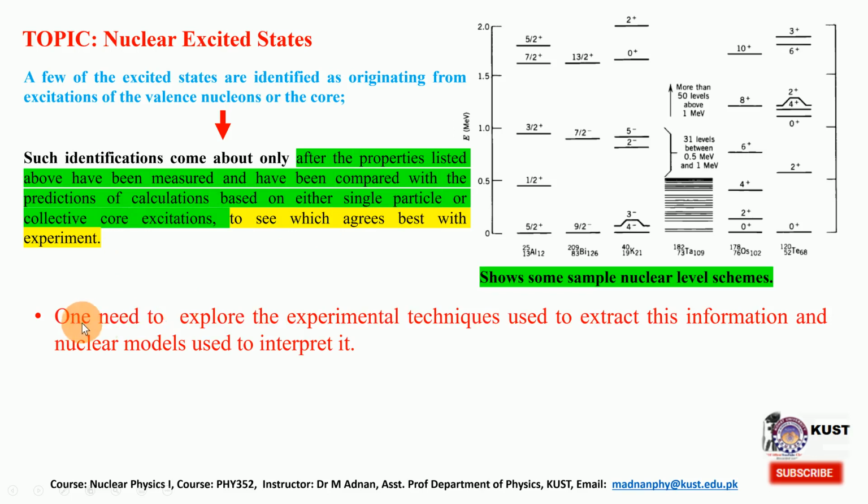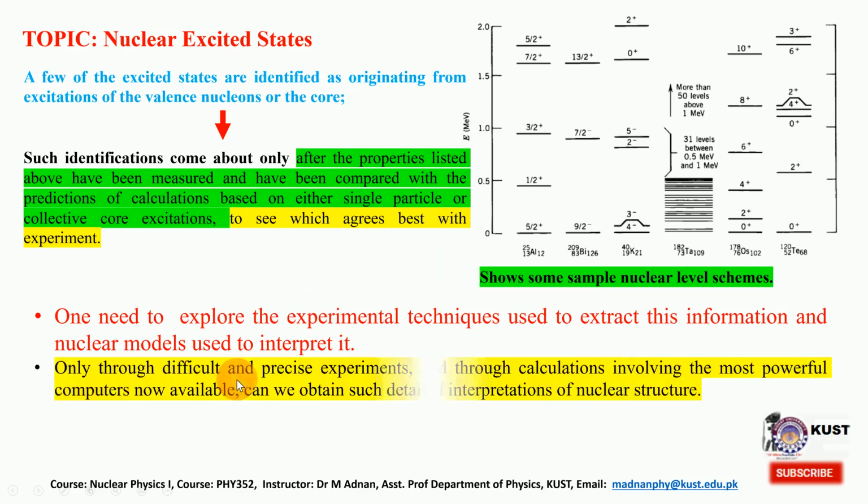So one needs to explore the experimental techniques used to extract this information and a nuclear model used to interpret it. That is beyond the level of this course, but we will be discussing this energy diagram regarding the scope of this course.